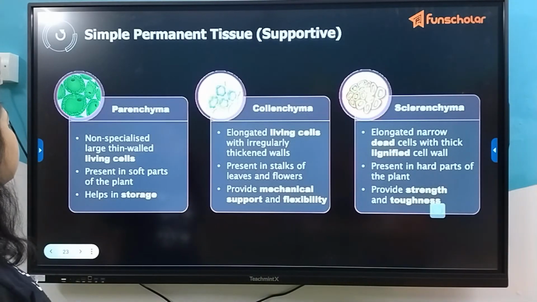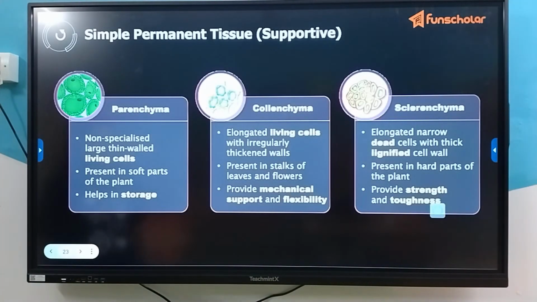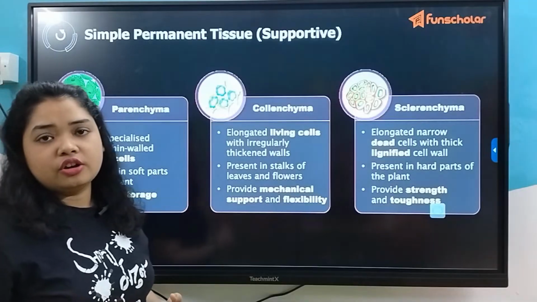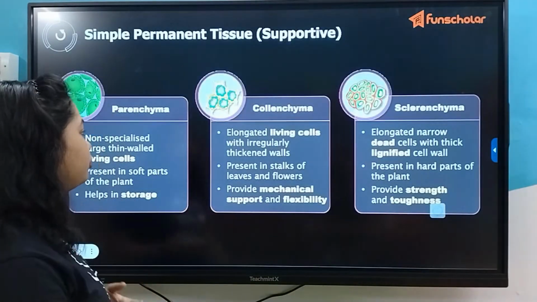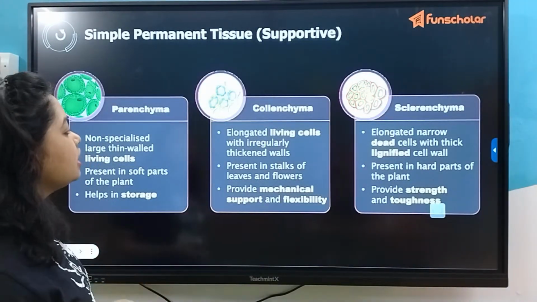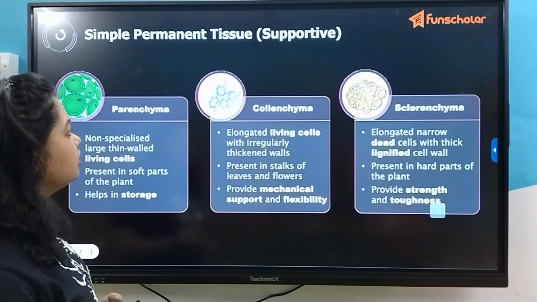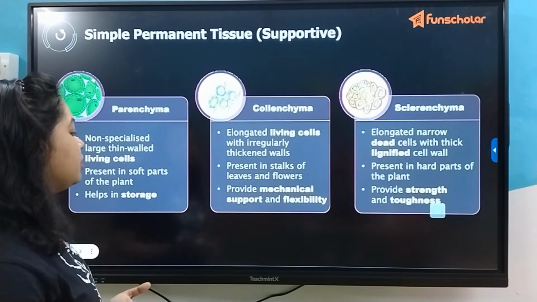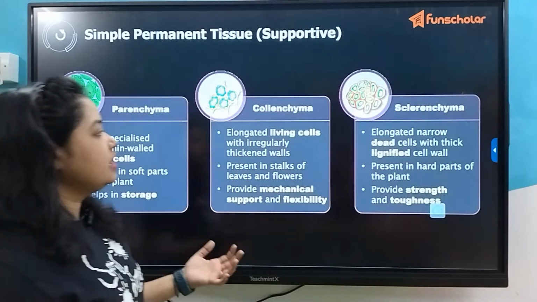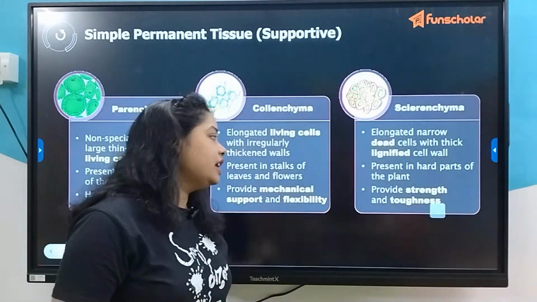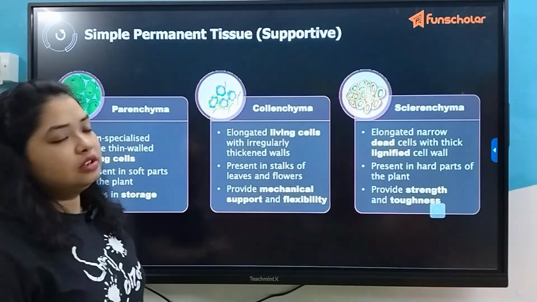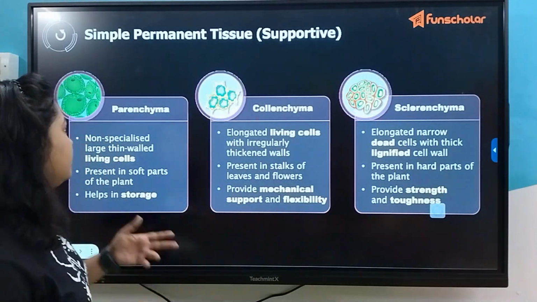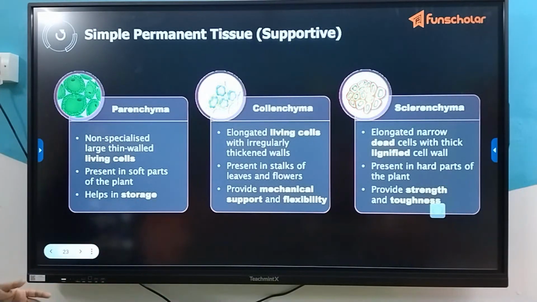Parenchyma is a non-specialized large thin-walled living cell which is used usually for the storage of food or nutrients and water that you have watched in the video. Then collenchyma is the one which actually provides the flexibility and mechanical support, and sclerenchyma provides rigidity and toughness to the plant body, and their structure is also different.